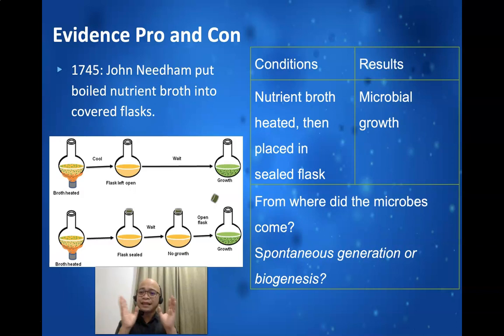The first flasks were left open, and the second flasks were sealed. After several days, you could see growth in the first set of flasks, and there was no growth in the sealed flasks. So what happened here? According to him, microorganisms can still grow even in a sealed flask.